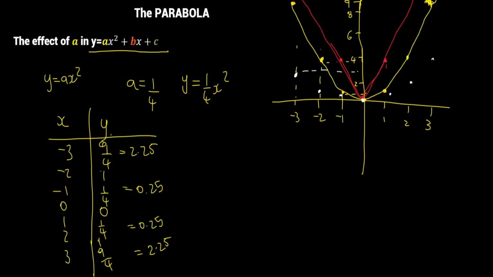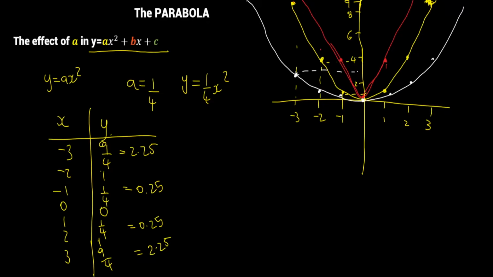So our parabola is going to be something like that. Okay, we can continue with the shape. So that is that. So we go smaller. We have a equals 1 over 4.